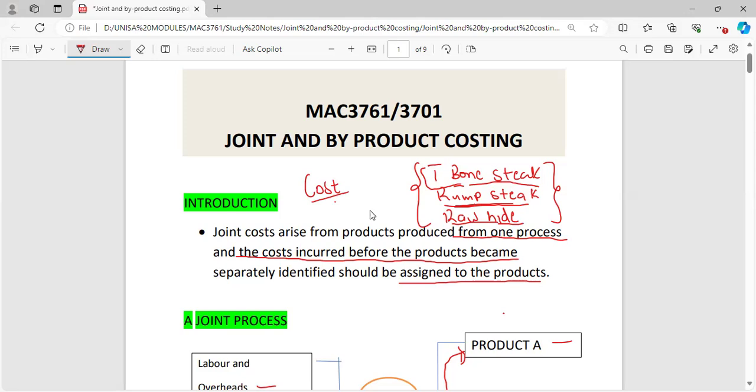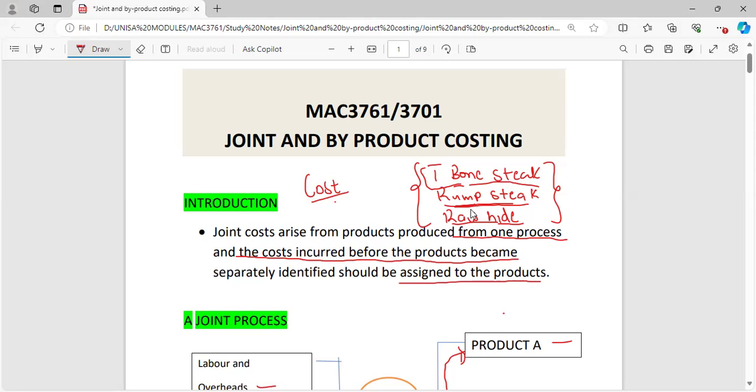But you'll also see that in the joint products, we have specific products that are intended to be produced. And we have byproducts, and we have waste, and we have scrap.